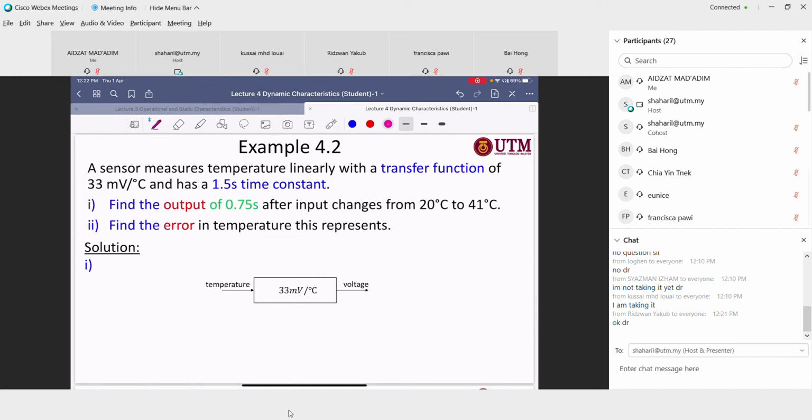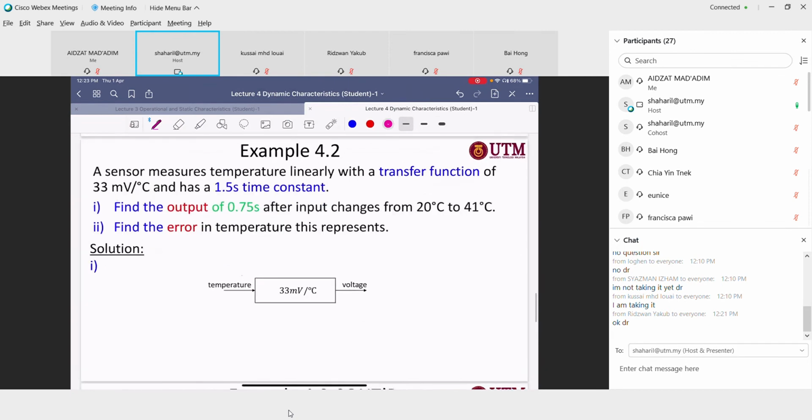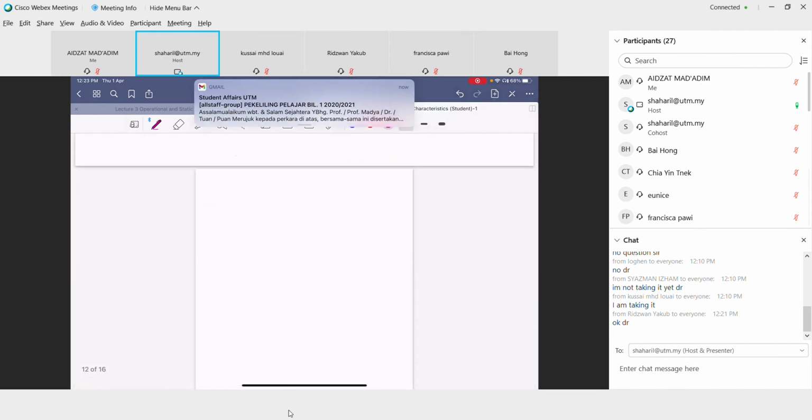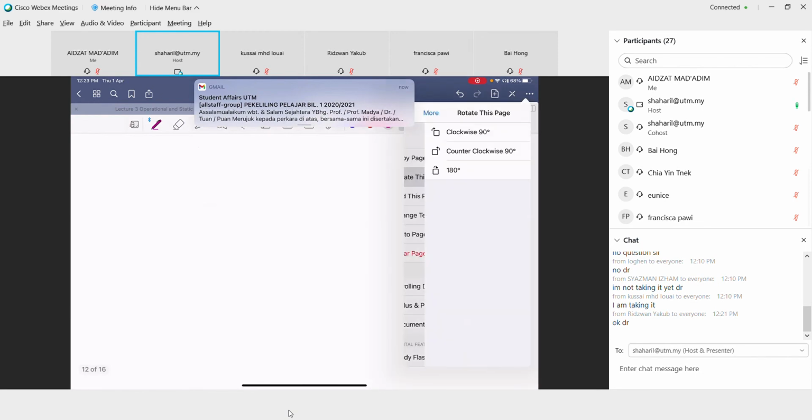A sensor measures temperature linearly with a transfer function of 33 millivolt per degree and has a 1.5 second time constant. Find the output at 0.75 seconds after the input changes from 20 to 41.